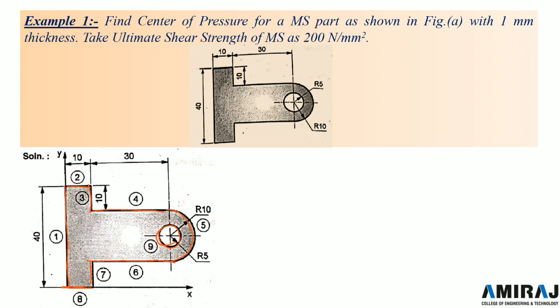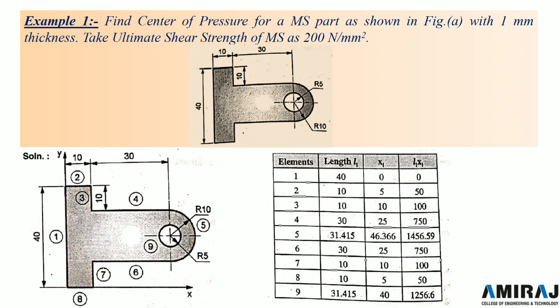So in total 9 parts, we have to find the coordinates x and y, then put them in the equations of x bar and y bar. Here the calculation is given, you can also cross check and calculate the Lx and Ly. Here we have to find the center of pressure point in the x direction only. So x bar is the position of center of pressure, क्योंकि यहाँ पे वर्टिकल डायरेक्शन में तो मिड पॉइंट पे यही आएगा, ठीक है.